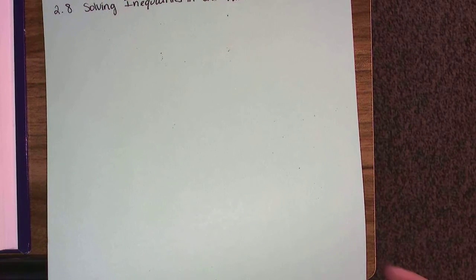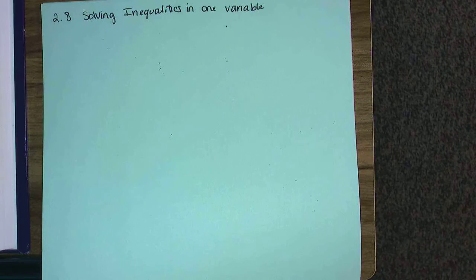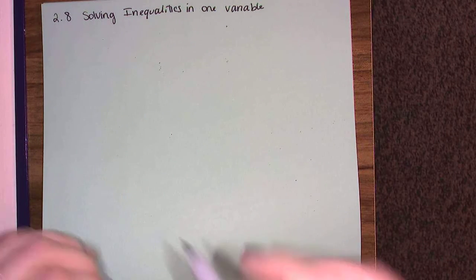You do it the same way. I'm going to try to find one that's not to do first, though. So 1 through 6 is essentially like what we just did. So somebody pick an even number. 2, 4, or 6? 4? All right, we're going with 4.